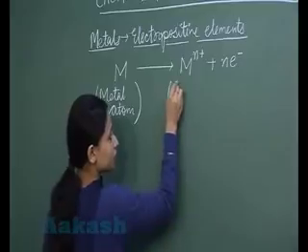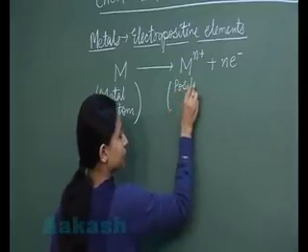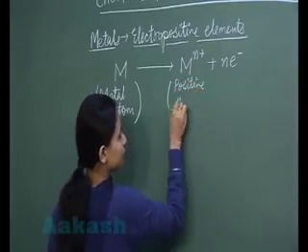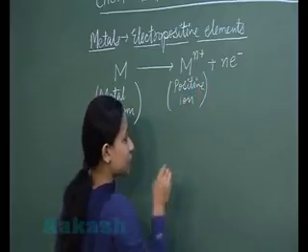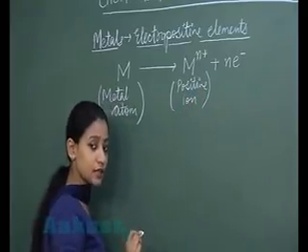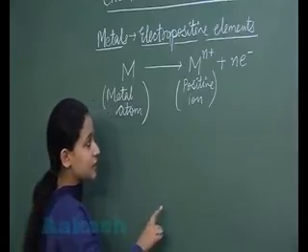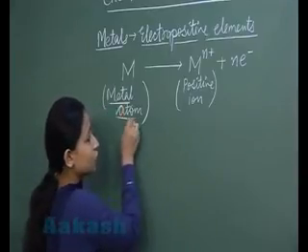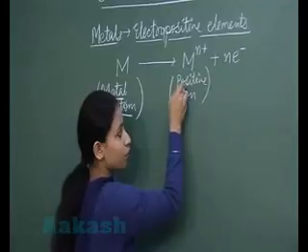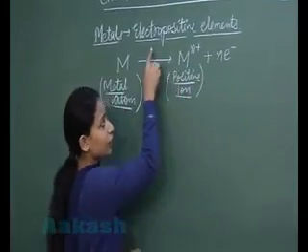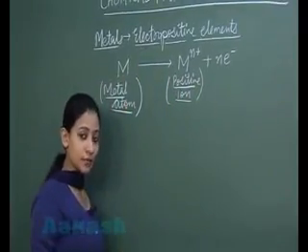So this is a positively charged ion. And students, you know, positively charged ions are also known as cations. So here you can clearly see that the metal atom has a tendency to easily lose the electron to form a positively charged ion. Therefore, they are known as electropositive elements.